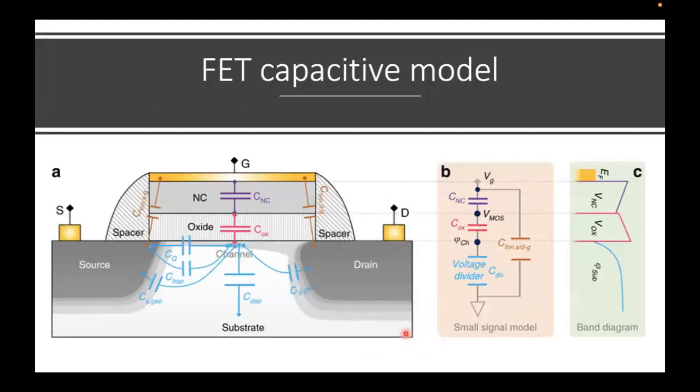In our current study, we will start by having this demonstration for a capacitance in a very famous metal oxide semiconductor field effect transistor, or what we can call the MOSFET.